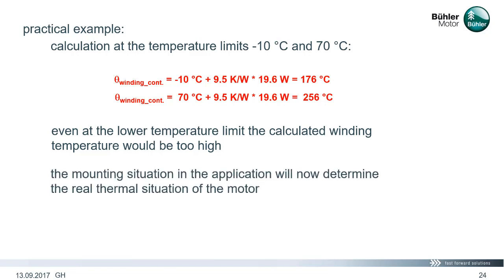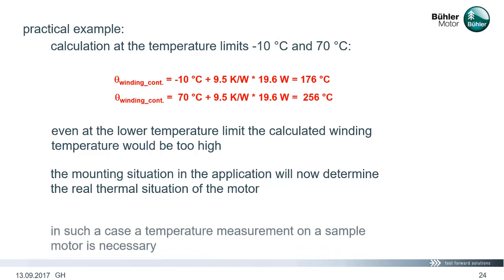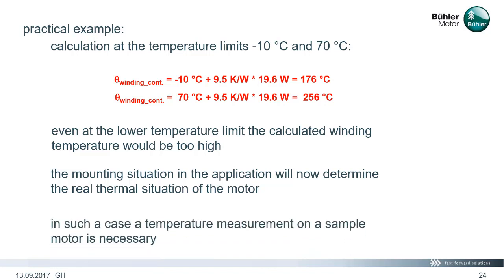The mounting situation in the application will now determine the real thermal situation in the motor. In such a case, a temperature measurement on a sample motor, possibly in the application, would be necessary.